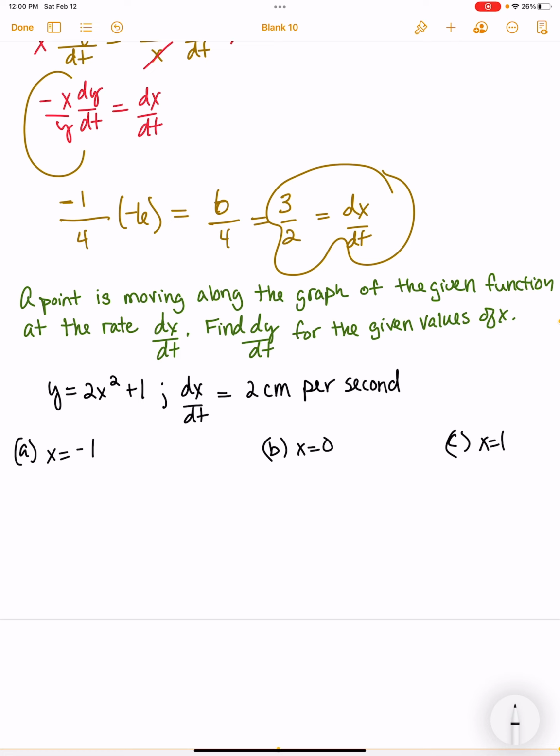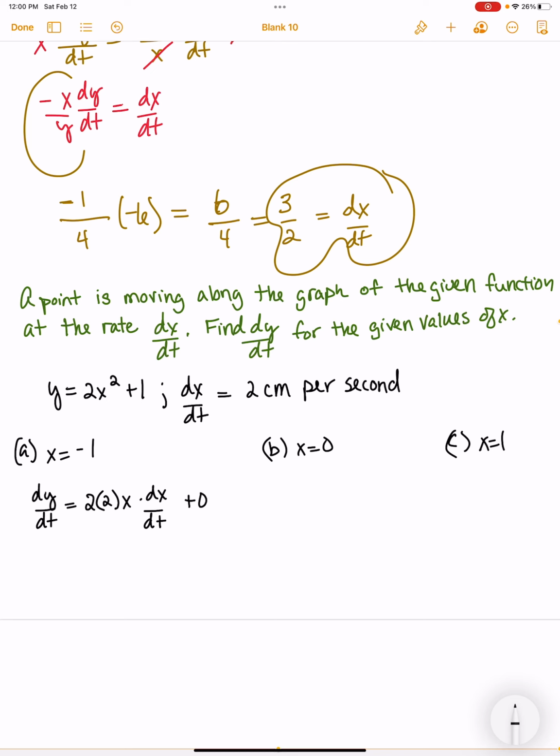So let's do it. Okay, so we have to first differentiate our equation. Do not plug in your values before you do that. So we have the derivative of y with respect to time equals, we have to do our regular derivative first, then times the derivative of x with respect to time, plus 0.